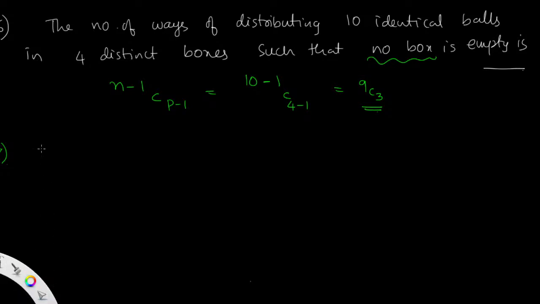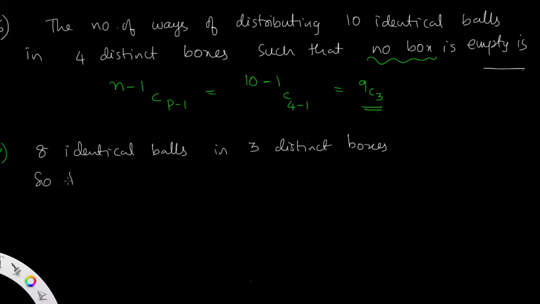The number of ways of distributing 8 identical balls in three distinct boxes so that none of the boxes is empty is dash. Here also none of the boxes is empty.